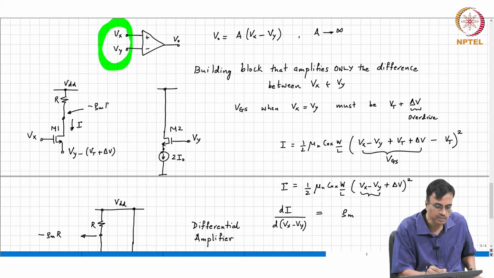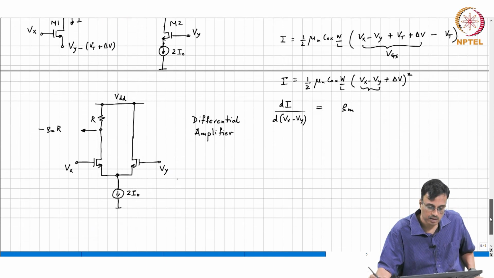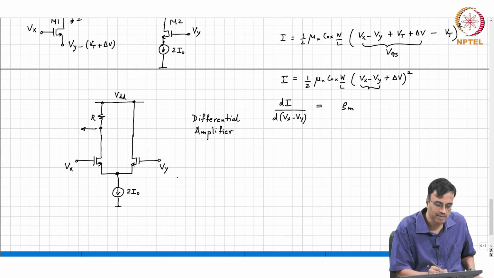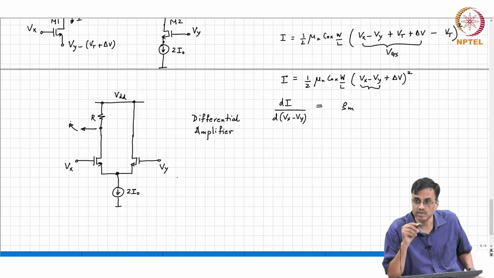Minus GmR times Vx minus Vy, correct. So, that will give you an amplified version of the negative of Vx minus Vy, okay. So, now if you want a positive version, what will we do?